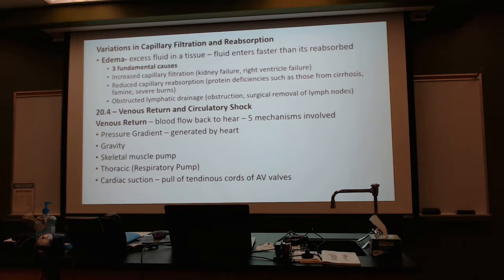So it's very low on the venous side. Gravity, well, yeah, from head to the heart level, but from the heart level down, the body has to work against gravity. So we depend on skeletal muscle.